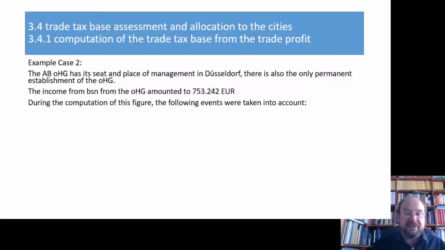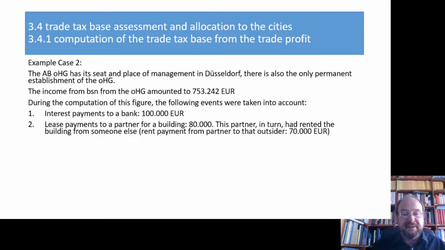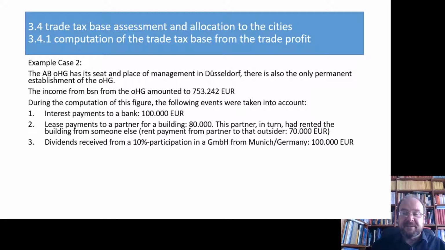During the computation of this figure, the following events were taken into account: interest payments to a bank, lease payments for a partner for a building, dividends received from a 10% participation in a GmbH from Munich, Germany, royalties paid to a company in the Netherlands, and that was it.